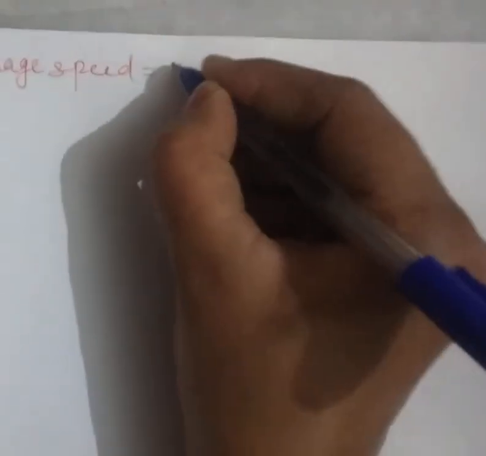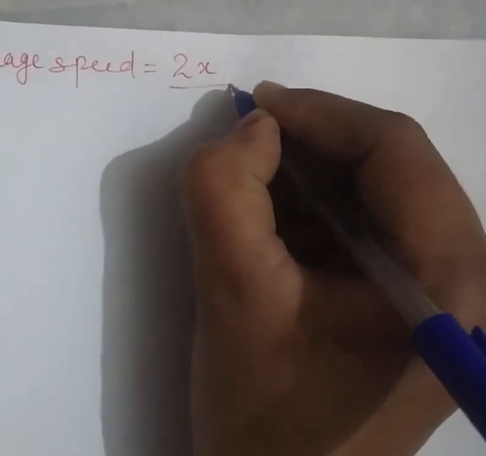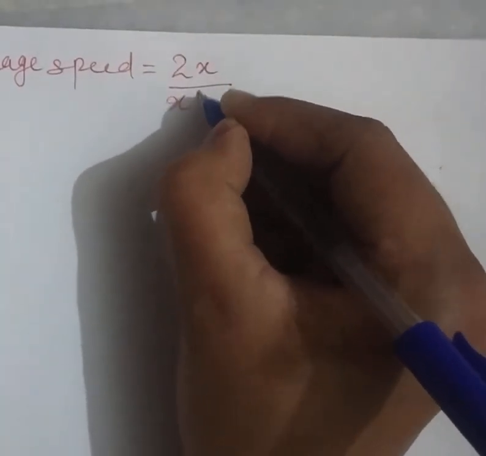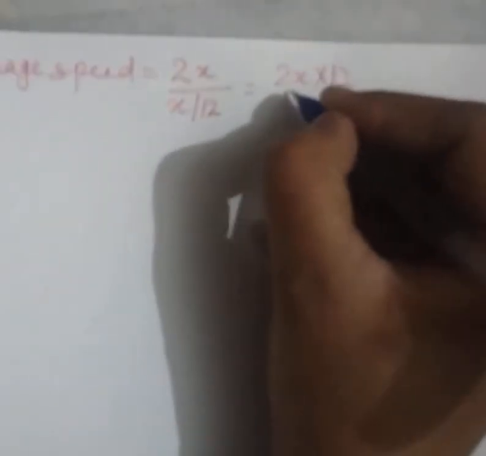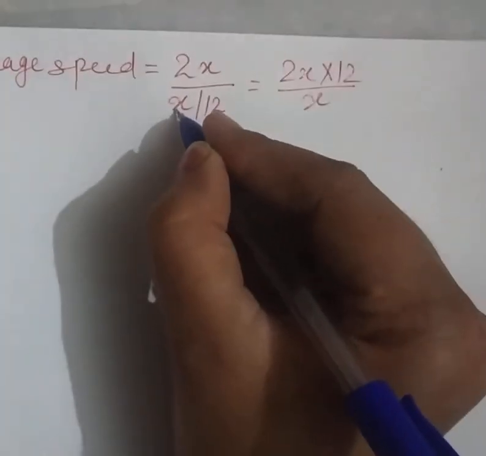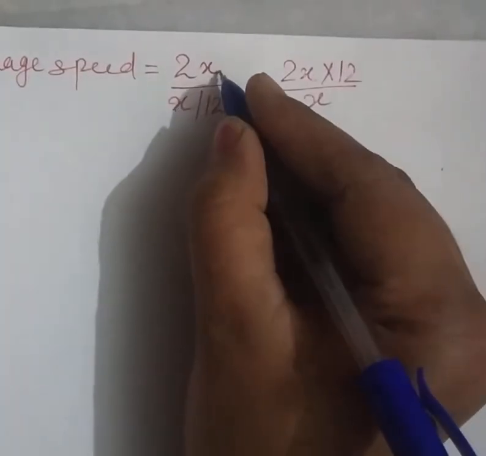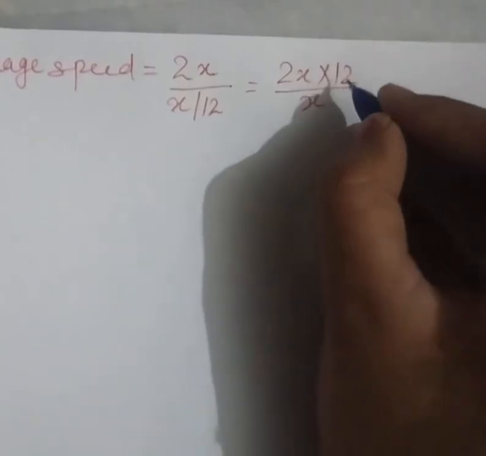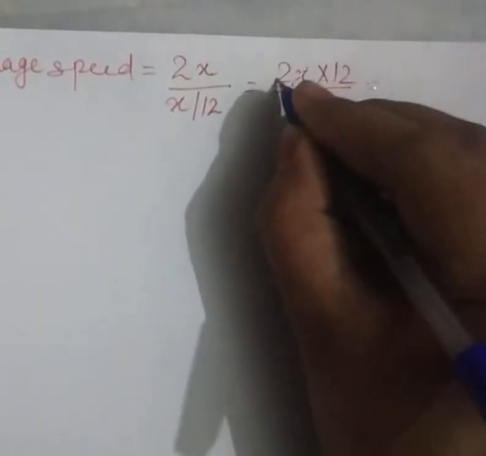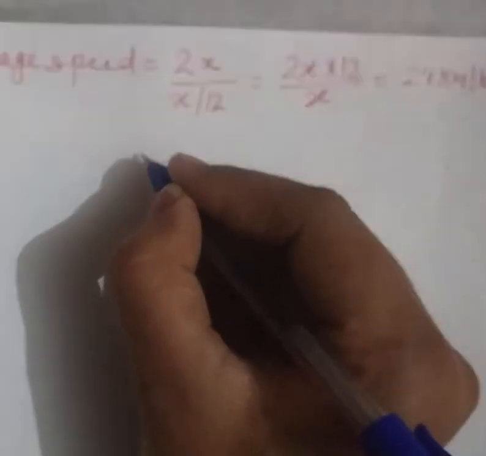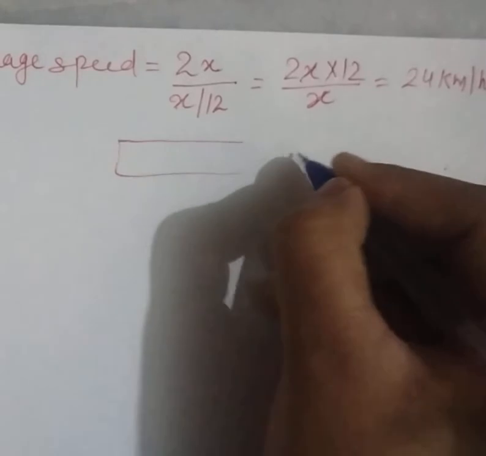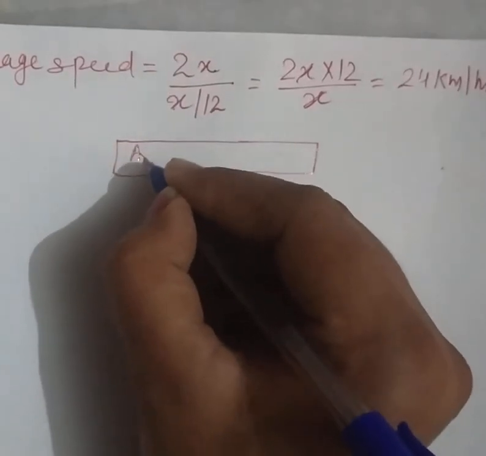As average speed is total distance upon total time, and total distance is 2X, and total time we have calculated X by 12, so it will be 2X into 12 by X. Because it is X by 12, 12 goes to the numerator and gets multiplied, X cancels with X, 2 twelves are 24 kilometer per hour. So what is the average speed? That is 24 kilometer per hour.